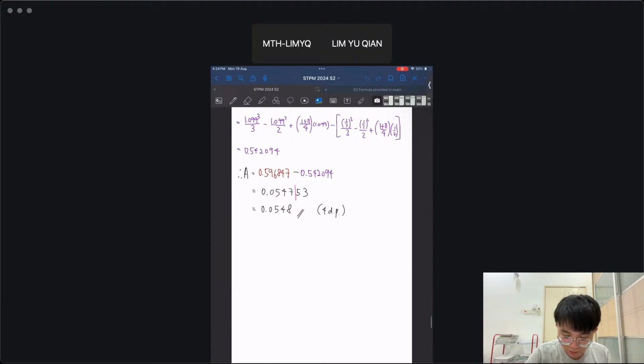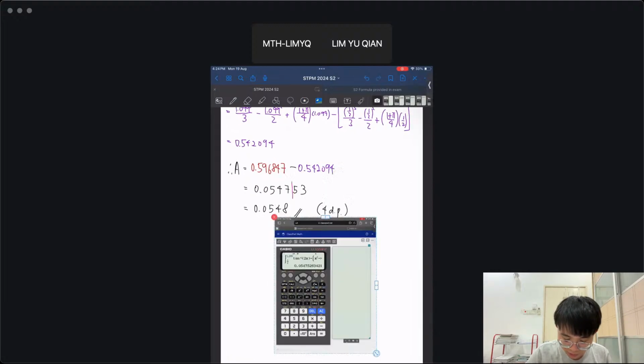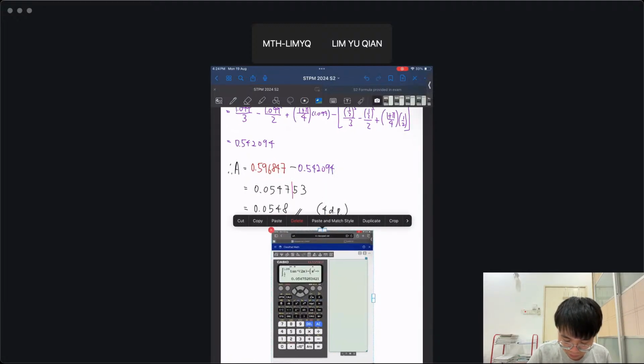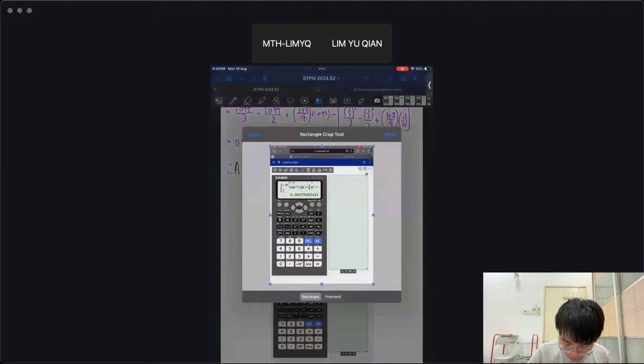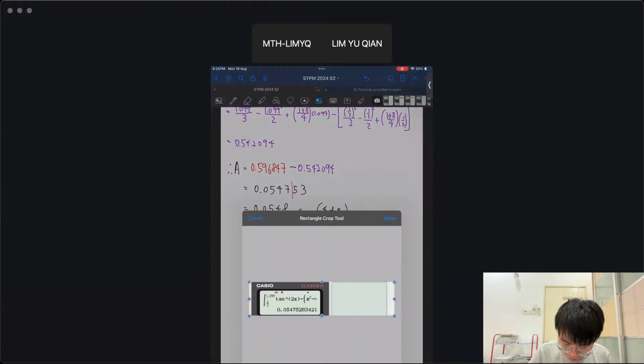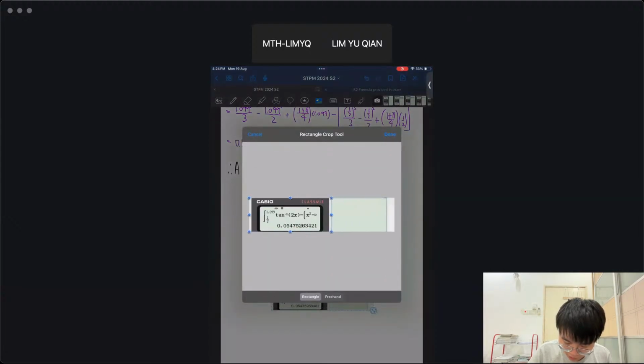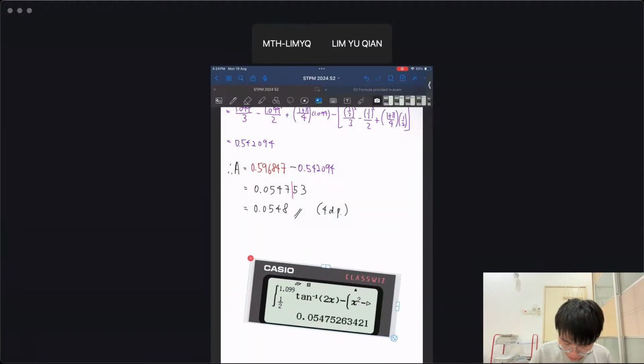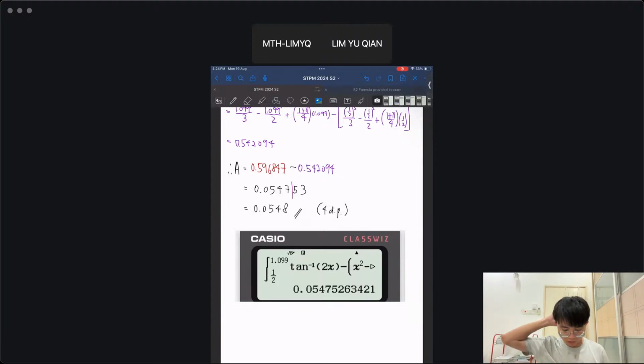Just now what we are getting over here is 5.4. So correct. 5.48, 5.48.